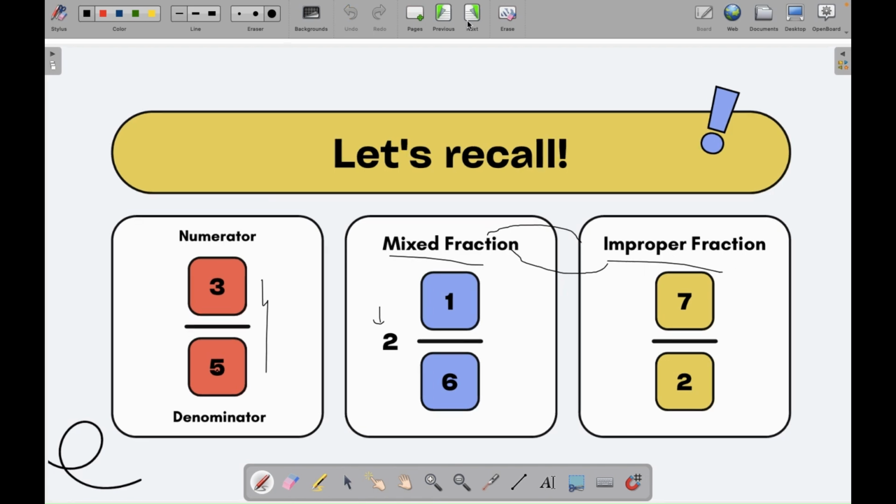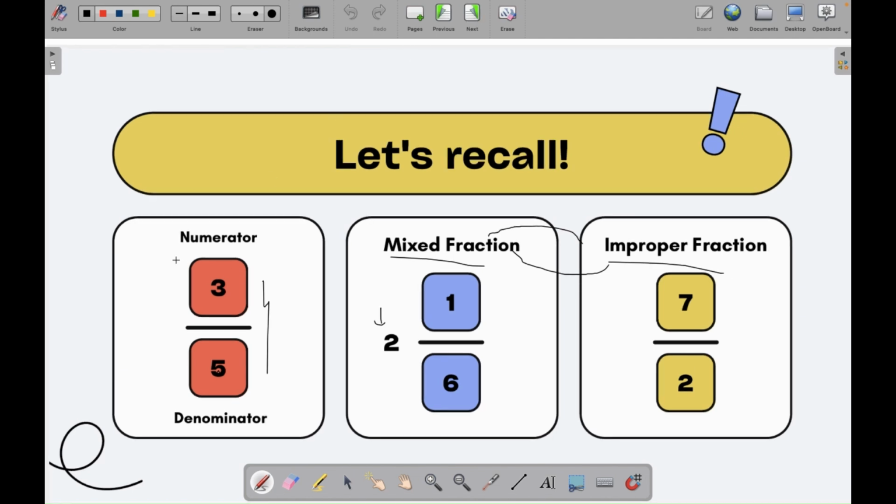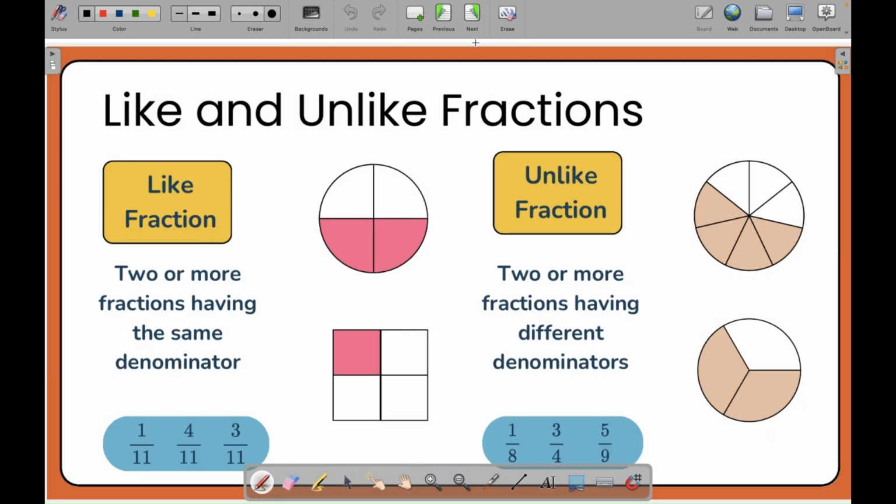When we are discussing this classification of fractions into proper fraction, improper fraction, and mixed fraction, we are just looking at one fraction at a time. When we see two or more fractions, then we have a different classification, known as like and unlike fractions.